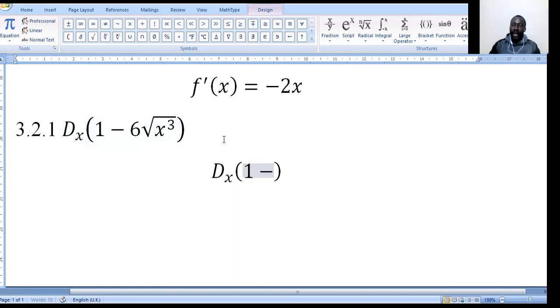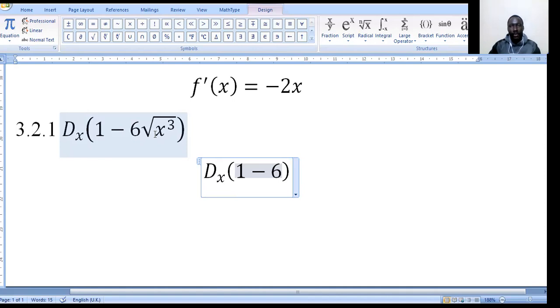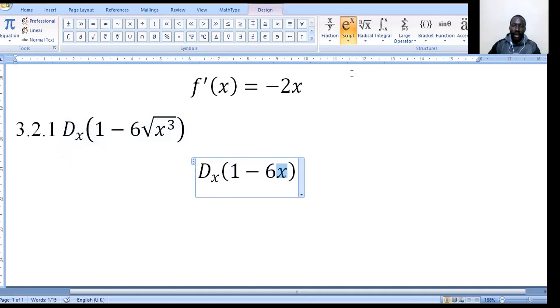1 minus 6. Now, this one here, the square root of any number is the same as that number raised to the power 1 divided by 2. That's the meaning of square root, okay? What I'm trying to say here is x cubed being under a square root sign like this can be written as x cubed with another exponent.